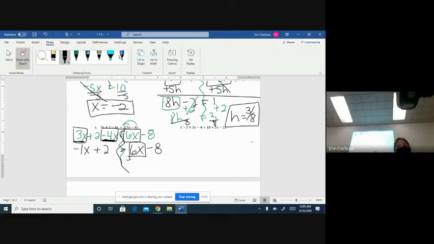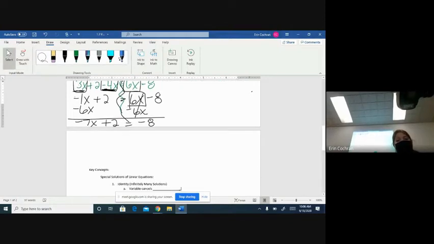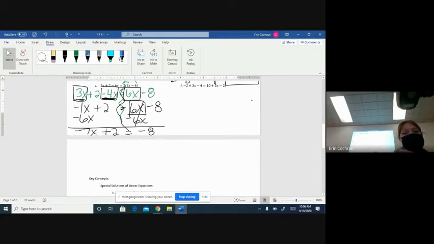All right, and then how would we, we said we're going to subtract the 6x. Okay. So -1x minus 6x is -7x. We have the +2. The 6x's cancel, and we always bring down the -8, the minus with it. Okay. Now, solving for that -7, how do I move that 2 to the other side? Subtract the 2, good.